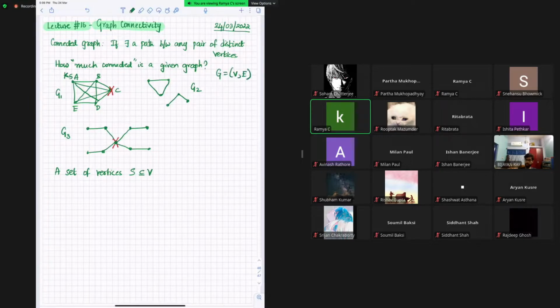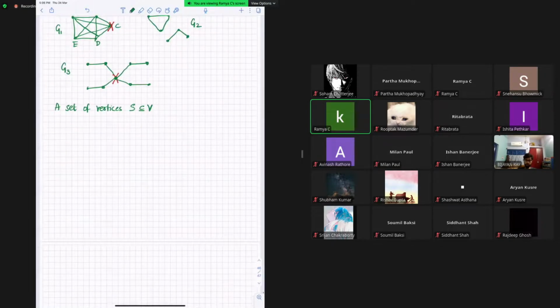For today's lecture we will only talk about undirected graphs, but whatever I say about undirected graphs will also hold for directed graphs. So you say a set of vertices is a cut set if the graph G minus the set S is disconnected.